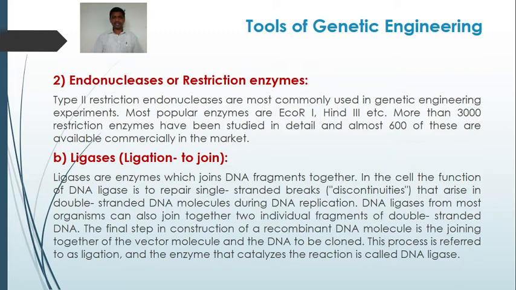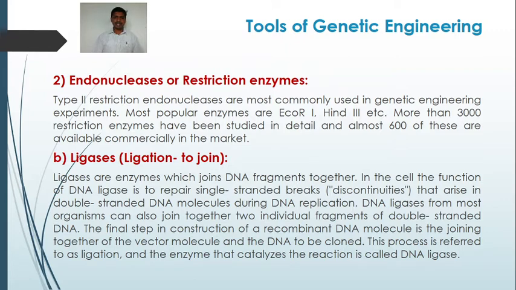Suppose you take the example of the BT cotton variety. While manipulating the genetic makeup of the cotton plant, first the recombinant DNA has been produced. That recombinant DNA is produced by first isolating the gene from Bacillus thuringiensis. Such a gene is cleaved with the restriction endonuclease enzyme to produce sticky ends.